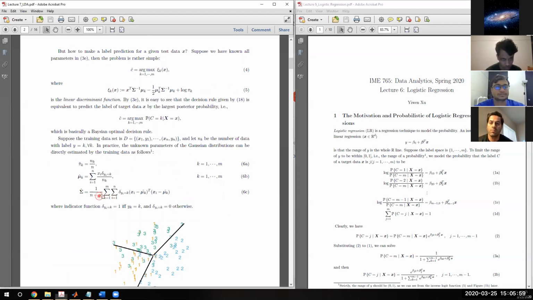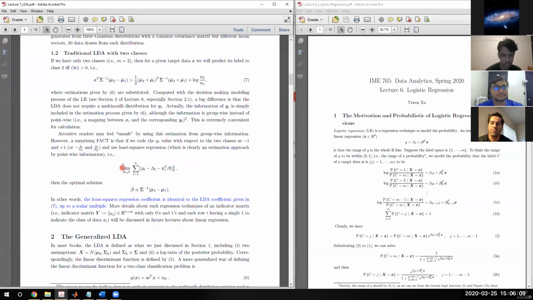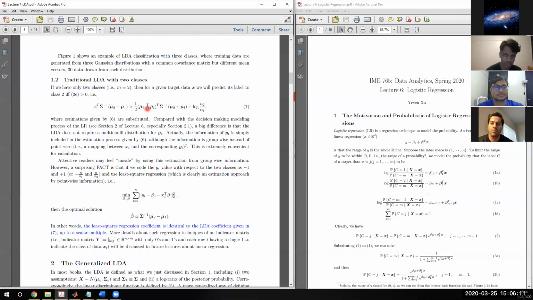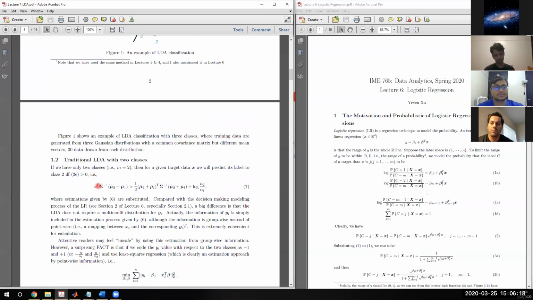Here again, the reason for minus m is because I have m classes. It's a common covariance matrix that I'm going to estimate for all classes. And then we introduced that if LDA has only two classes, it's simpler, because I only need to see whether this one is greater than the other one. If yes, I predict label 2.